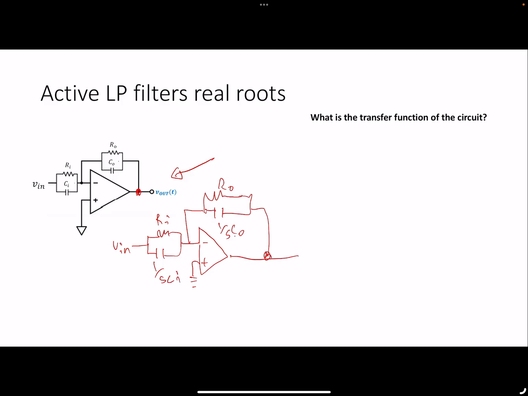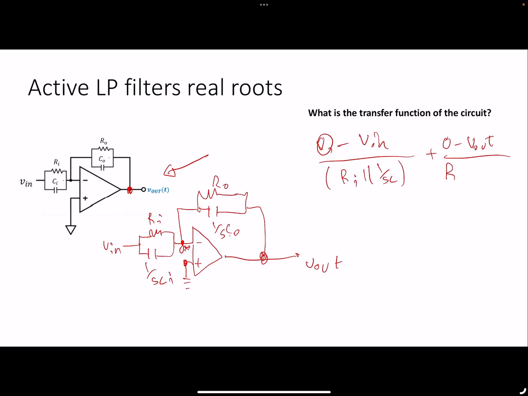To recollect, you have zero current going into the input, and the voltage here is equal to the voltage here. By applying the nodal equation here, you have 0 minus Vn divided by Ri in parallel to 1 over Sci, plus 0 minus Vout divided by Ro in parallel to 1 over Sco. That has to be equal to 0.